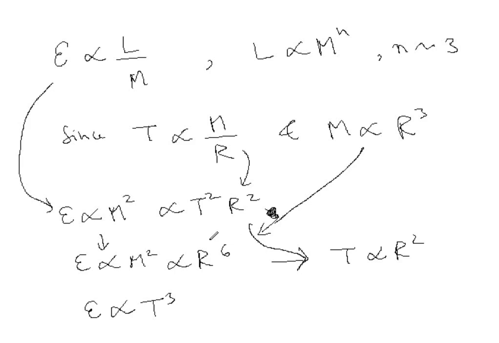Considering that epsilon is proportional to R to the power 6 and T is proportional to R square, we get epsilon is proportional to T cube. Again, this is an order of magnitude estimate using scaling.